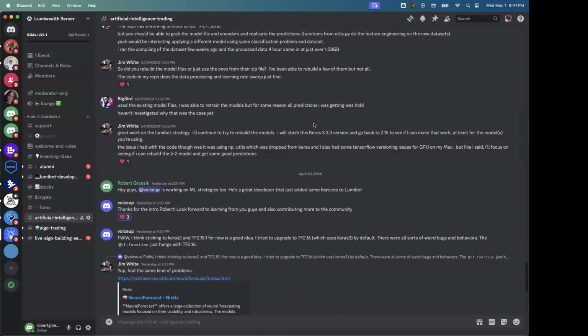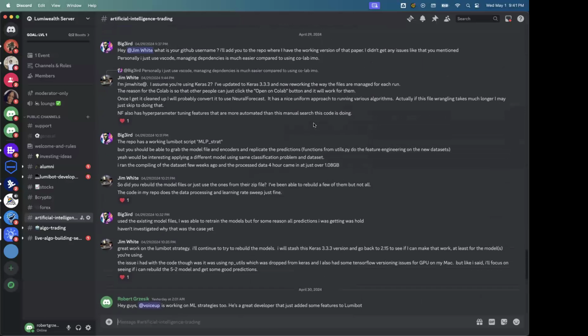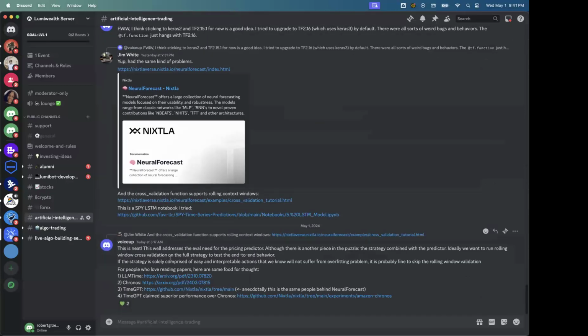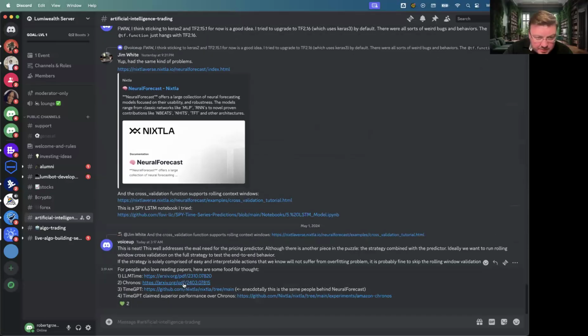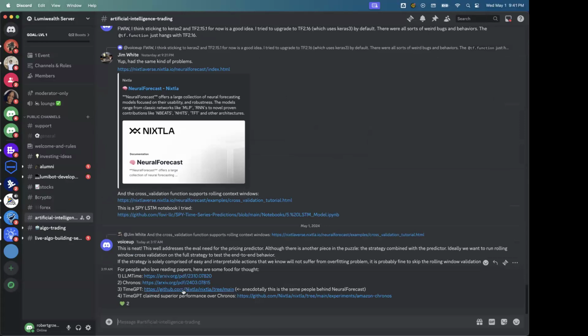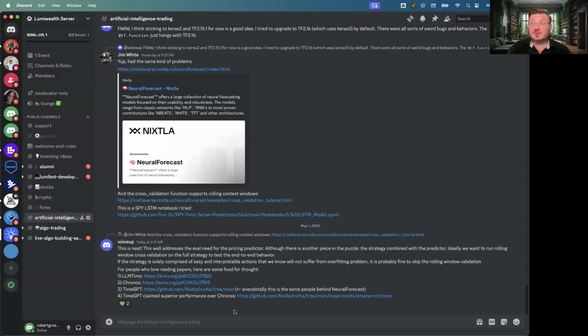In the AI Discord right now at the bottom, Voice Up posted several reading papers. And these scientific papers are great. I would always recommend downloading them and keeping a lake of scientific papers, because you can always train your models on them. Hey, model, why don't you think about incorporating Time GPT into your recursive learning loop, and let's look at some time forecasting models based on that. That sounds very cool.